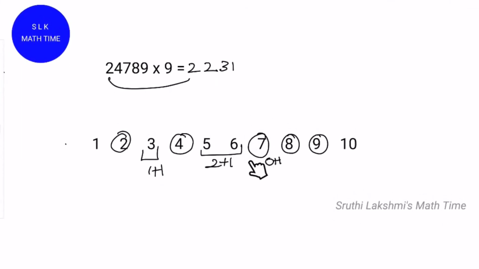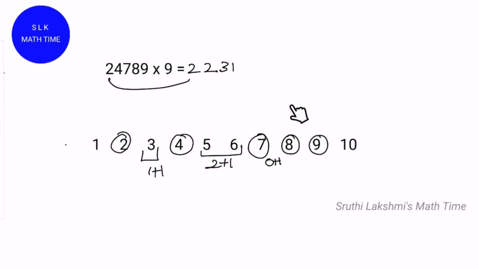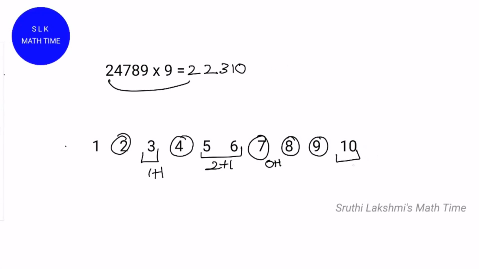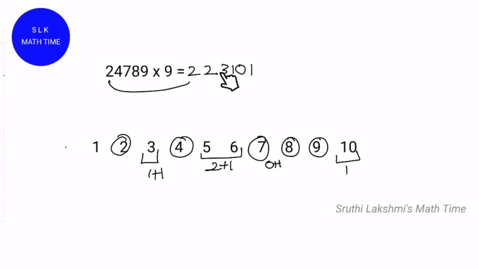Next we see how many numbers there are between the fourth digit and the fifth digit, which is 0. Next we see how many numbers there are to the right of the last digit, which is 1. So we write 1 over here. So 24789 into 9 is 223101.